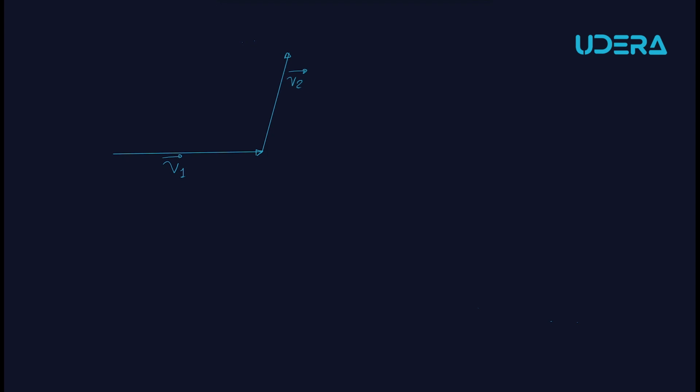In other words, the tip of the first vector coincides with the tail of the second one. So the resultant vector R is a vector that connects the tail of the first vector to the tip of the second one.